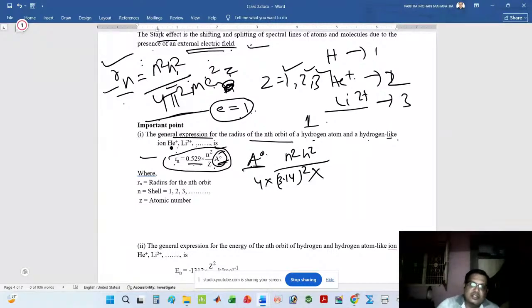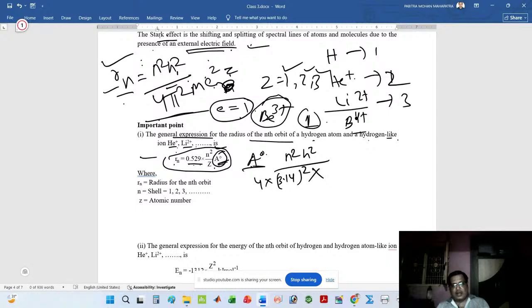That means you can think about He plus, Li2 plus, Be3 plus, and B4 plus. All these species must have one electron, like the hydrogen atom.